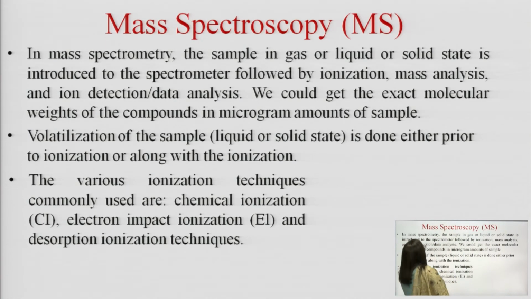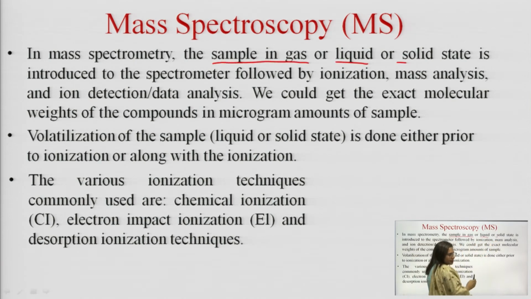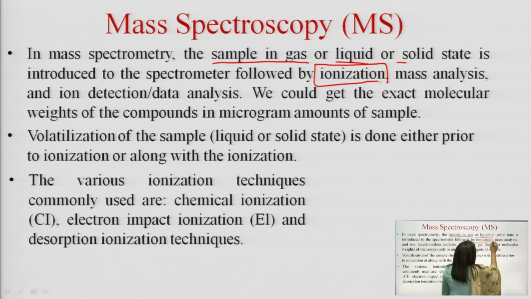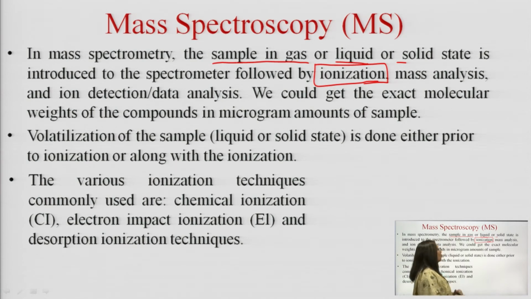Mass spectrometry: the sample in gas, liquid or solid state is introduced to the spectrometer, followed by ionization. Mass spectroscopy is another sophisticated device where the sample has to be analyzed before the deduction of the chemical structure.